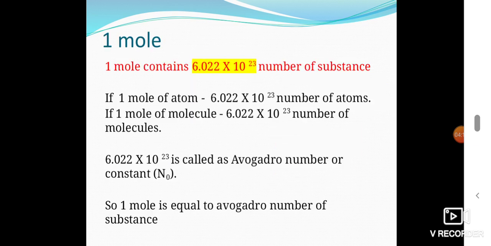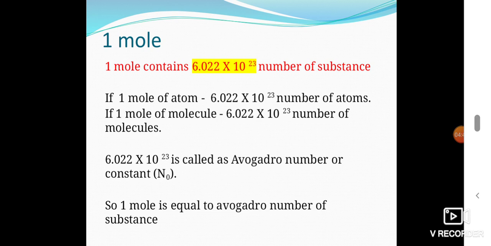So 1 mole. Let us see what is 1 mole. 1 mole contains 6.022 into 10 power 23 number of substance, isn't it? Here it may be atoms or molecules. If atom, then 1 mole of atoms contains how many atoms? 6.022 into 10 power 23 number of atoms.